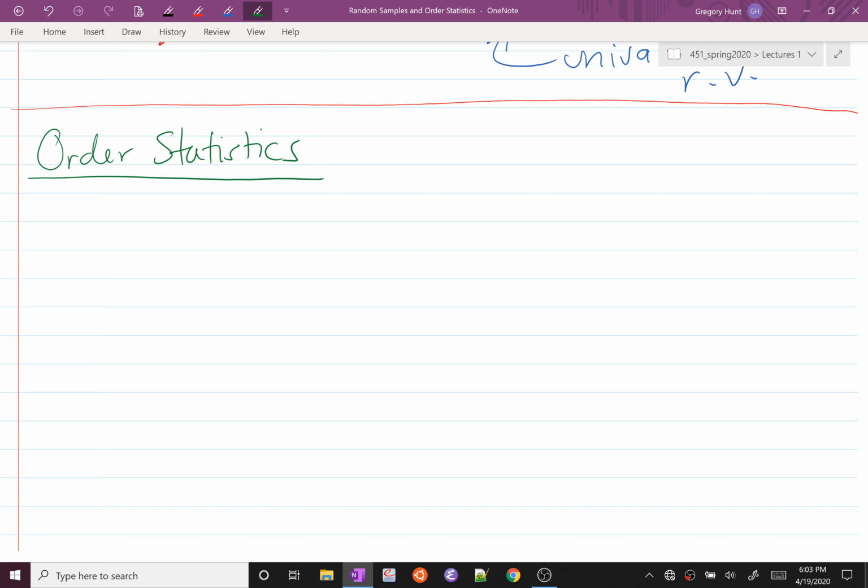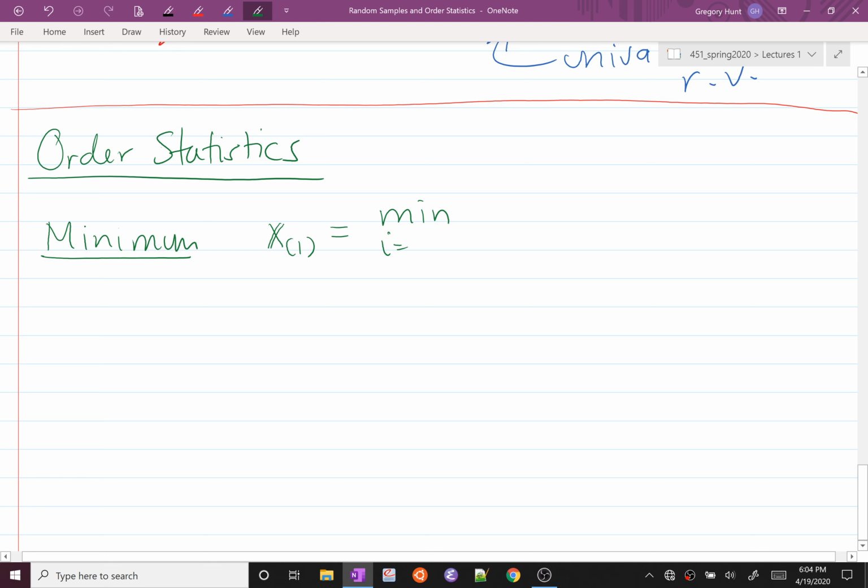So let's look at the minimum. Our notation is X of 1, again, notation for the minimum over i going 1 to n of all my X of i.